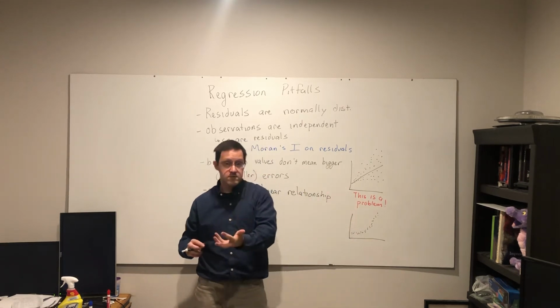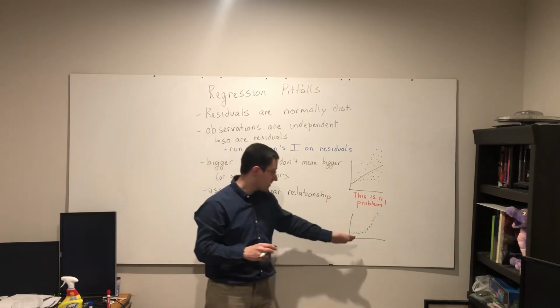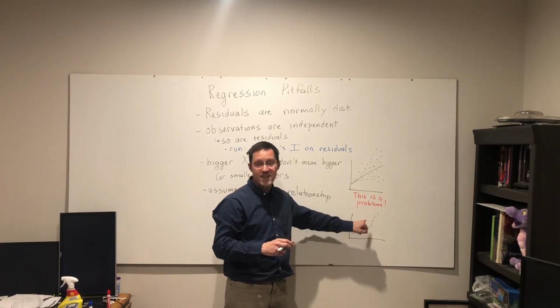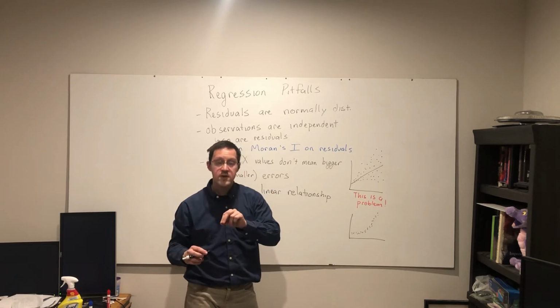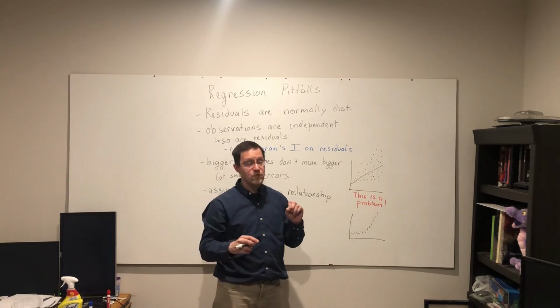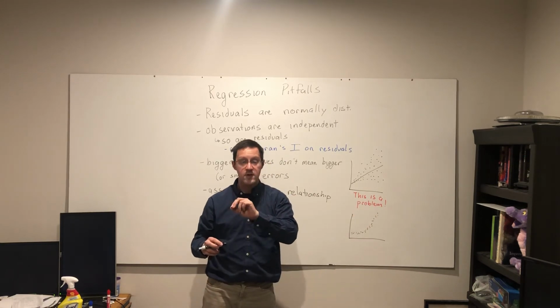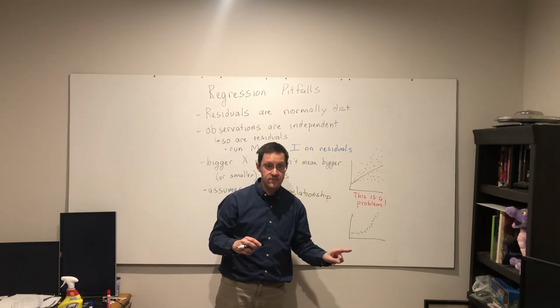But if you're just putting in x against y, you're going to have errors because that is not a linear relationship. And trying to fit a line to this is going to make it look like there's a worse relationship than there actually is.